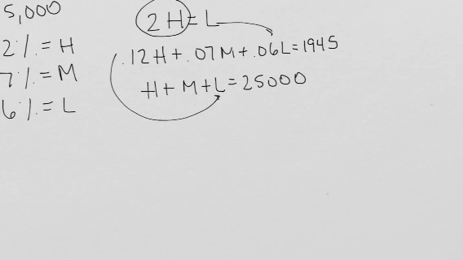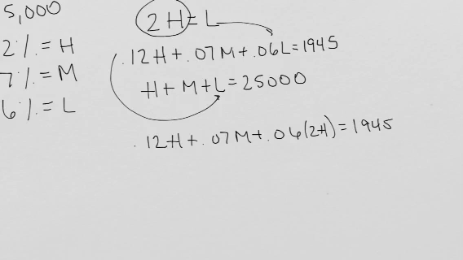So I'm going to get 0.12H plus 0.07M plus 0.06 times 2H equals 1945. Multiply here: 0.12H plus 0.07M plus 0.12H equals 1945.